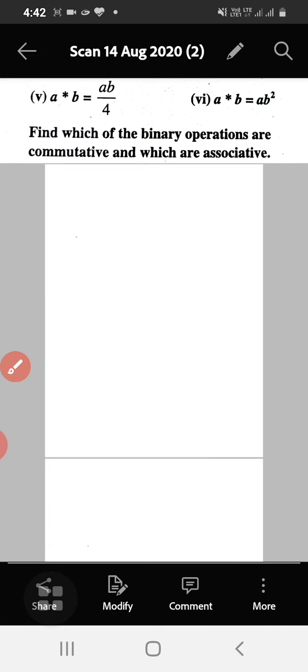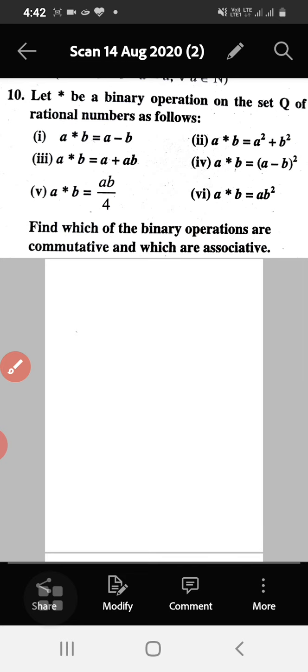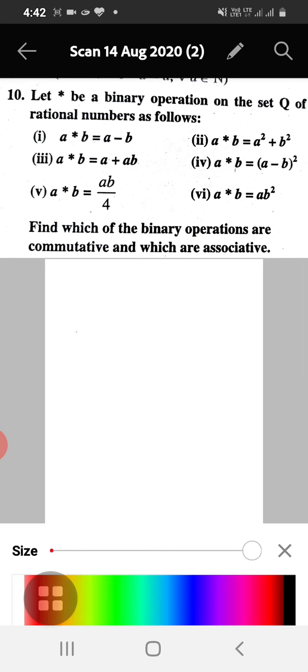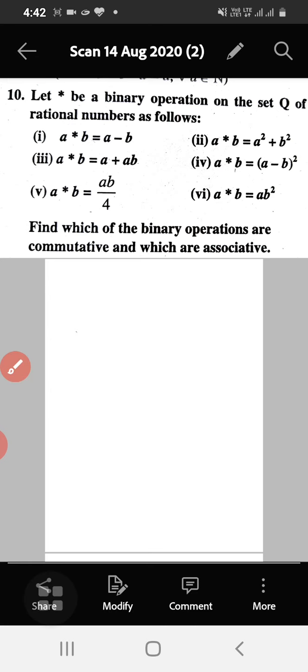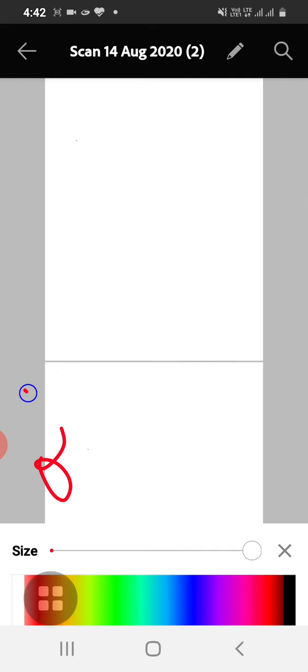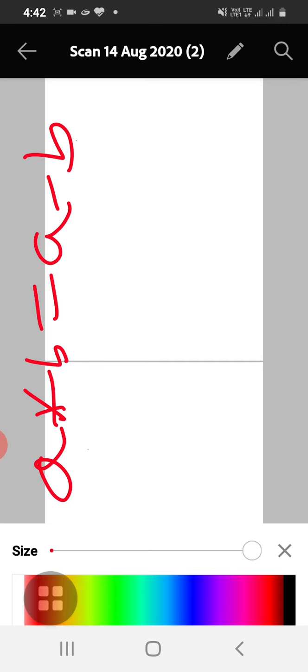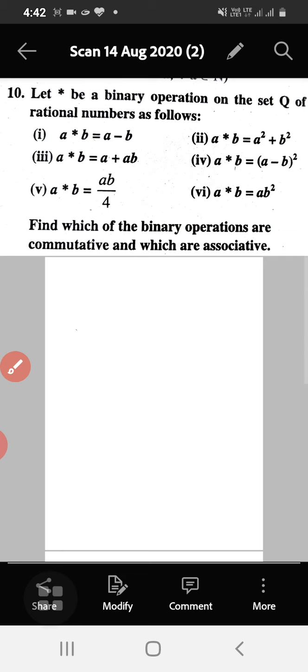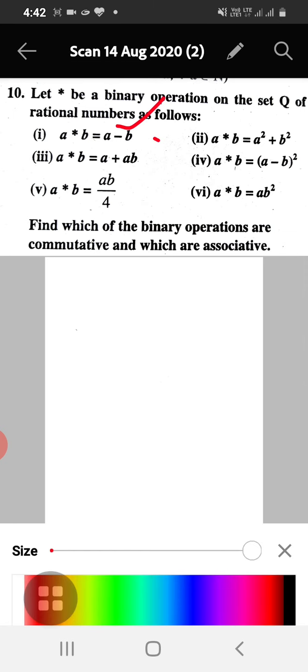Okay, now let us consider the first one, a star b is equal to a minus b. Let's check whether it is commutative or not. It's a very simple problem. a star b is equal to a minus b, as given in the problem.